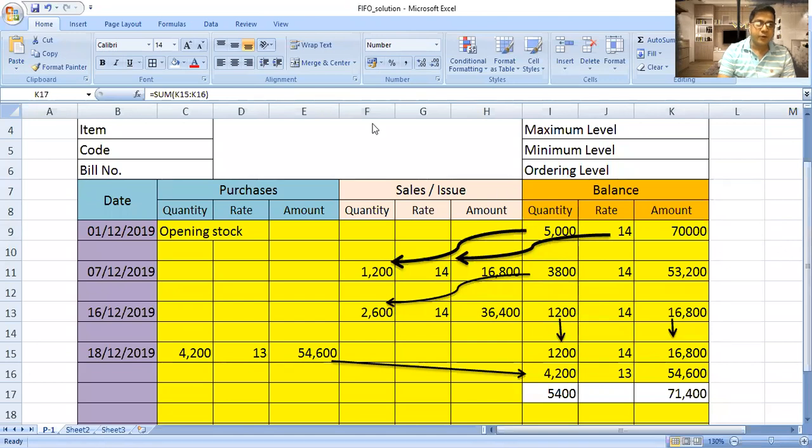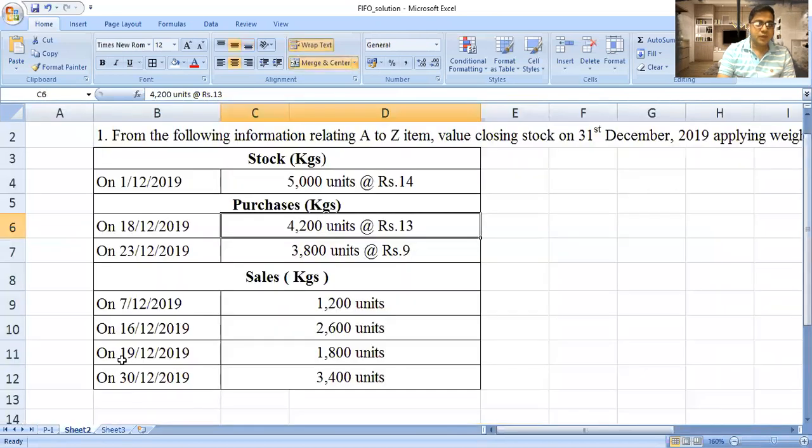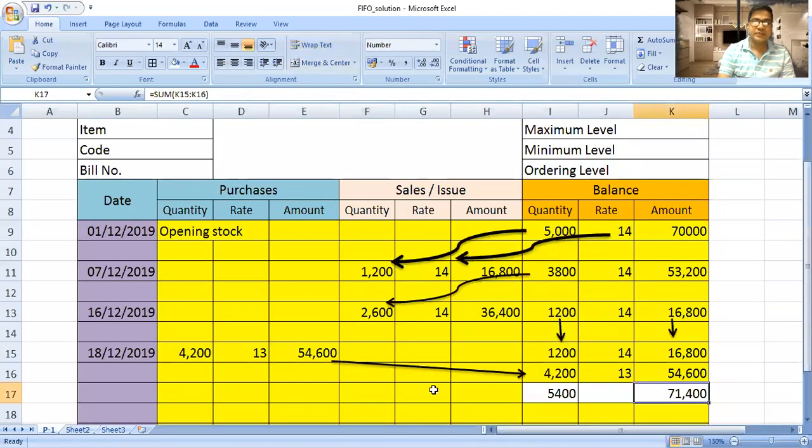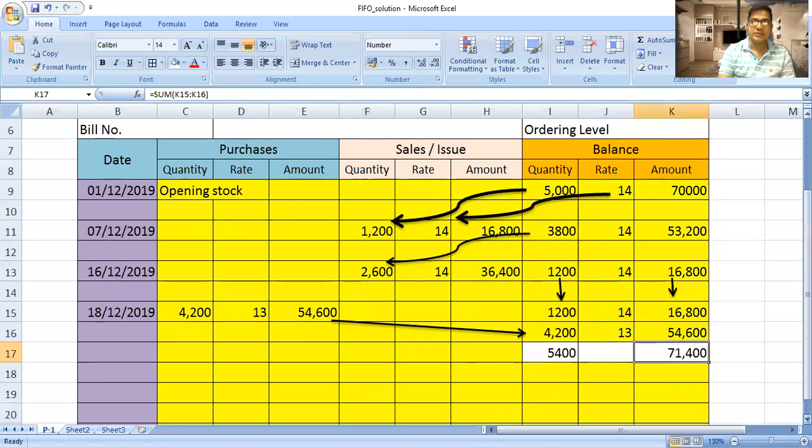Then after recording the 18th December transaction, the next date is 19th December. On 19th December, they sold 1,800 units. So we have to record this transaction. Next line, we will leave one line and write 19th December 2019.